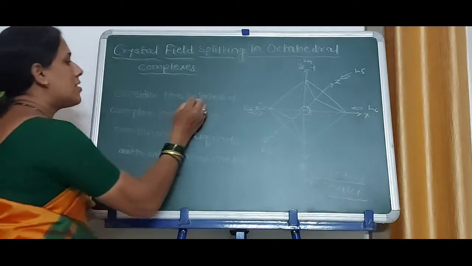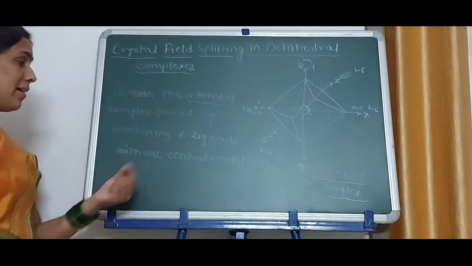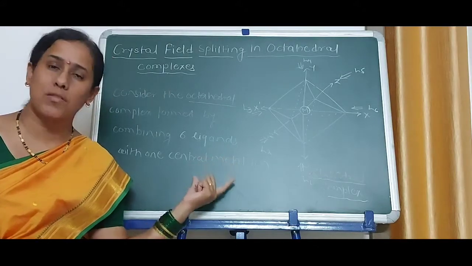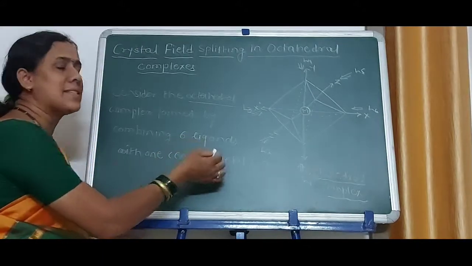That is, this octahedral complex is formed by a central metal ion, which is a cation, that is positively charged, and which is surrounded by 6 ligands.